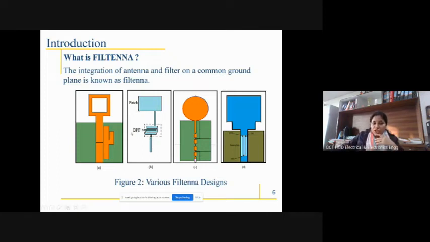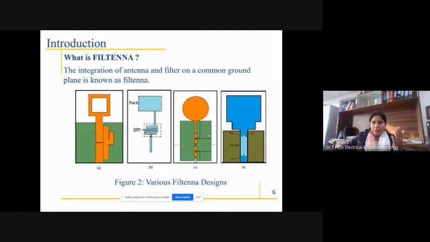Many filtenna structures have already been designed. This is a monopole rectangular antenna integrated with a bandpass filter designed for a single frequency application. Here the microstrip rectangular patch antenna is integrated with a hairpin type bandpass filter, again for a single frequency application. Here a circular monopole loop antenna is integrated with a bandpass filter. Basically the integration of antenna and filter is there, and it is known as a filtenna.